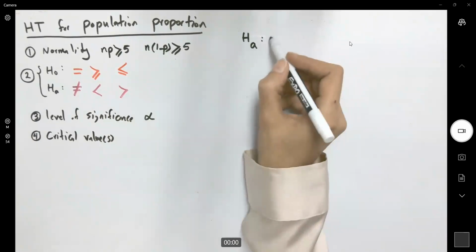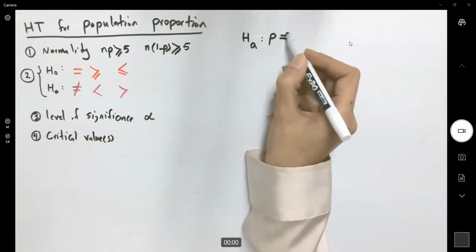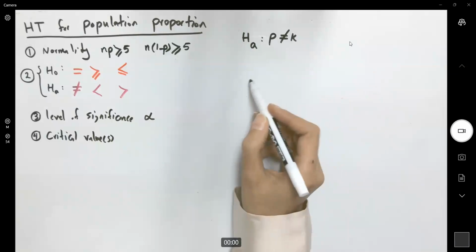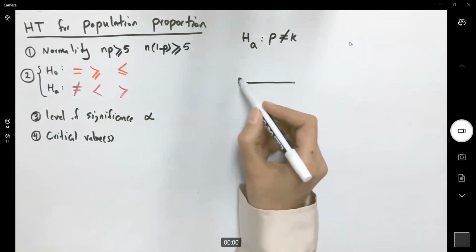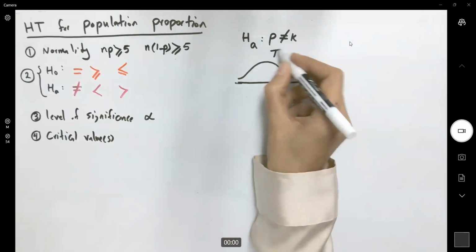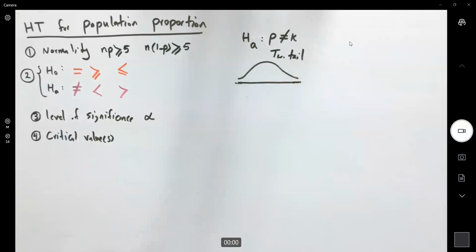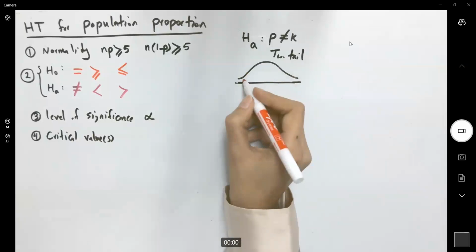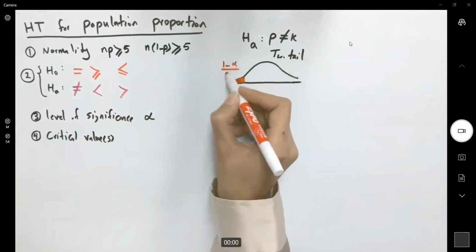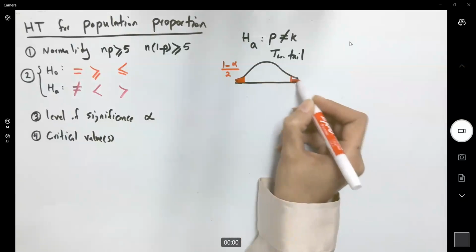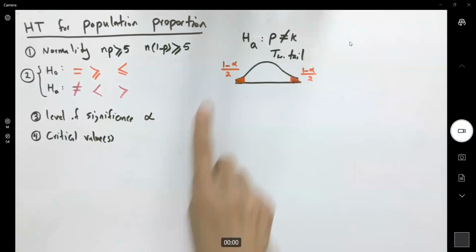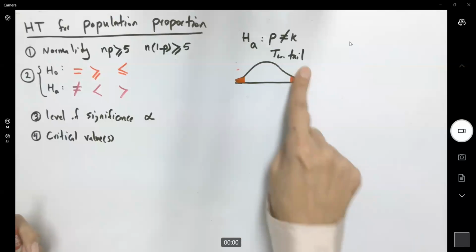If my alternative hypothesis says that population proportion is not equal to a number like k, then the graph is called a two-tailed graph. I have two tails for this graph. One part of the area, alpha divided by 2, is on the left, and alpha divided by 2 is on the right-hand side.